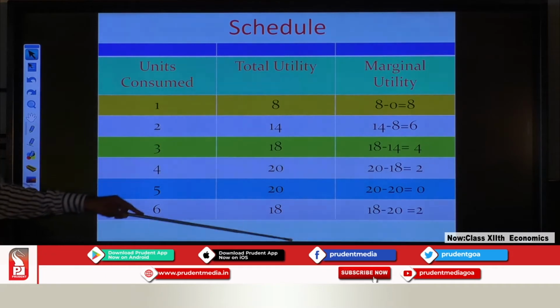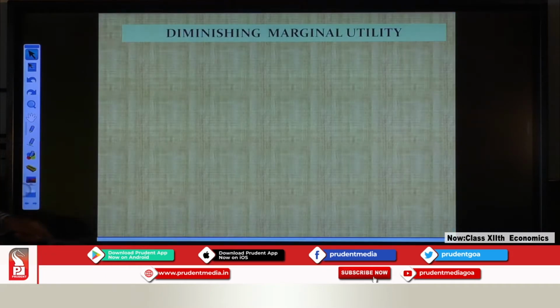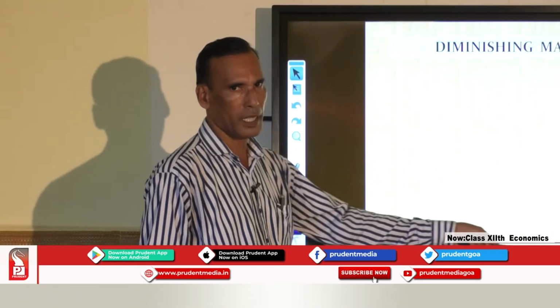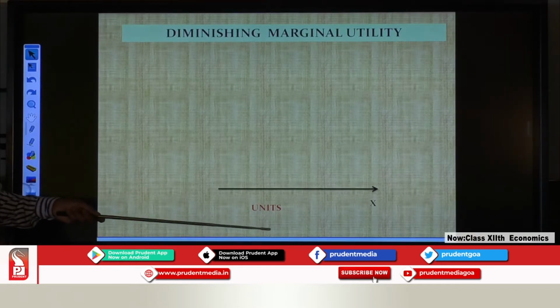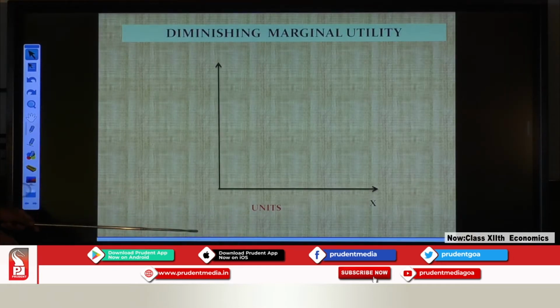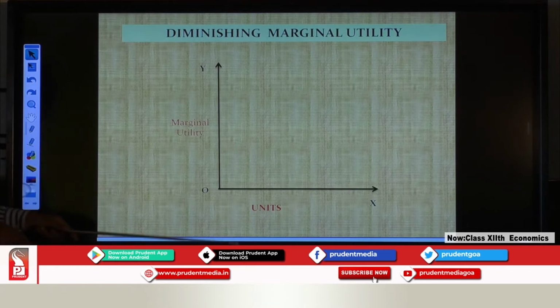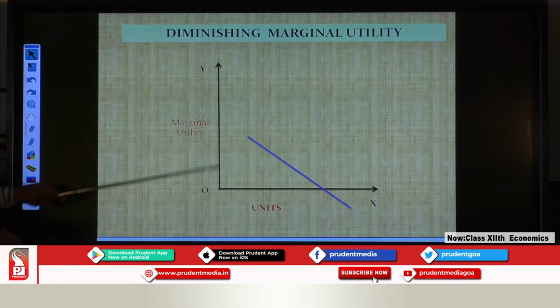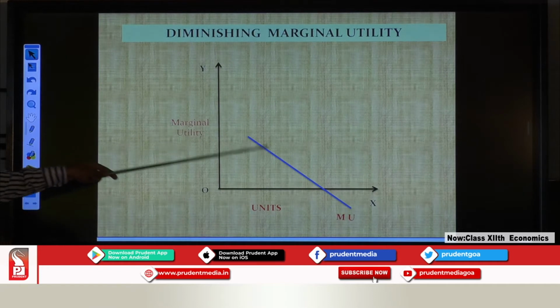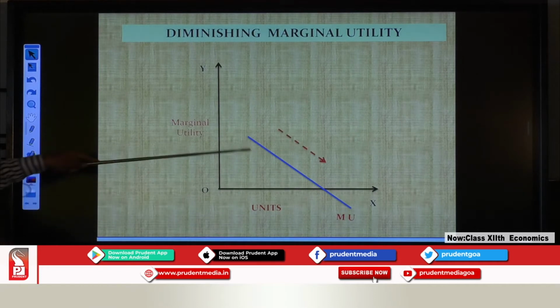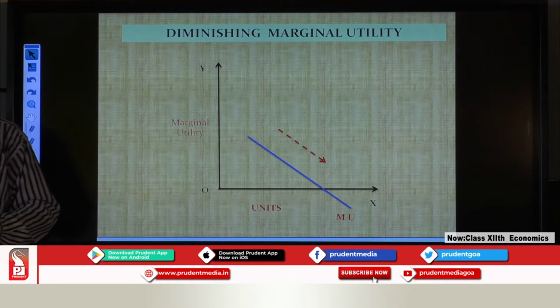Now, using this schedule, we can draw the diagram. On the x-axis, we measure units consumed. On the y-axis, we measure marginal utility. And this is a downward sloping marginal utility curve.